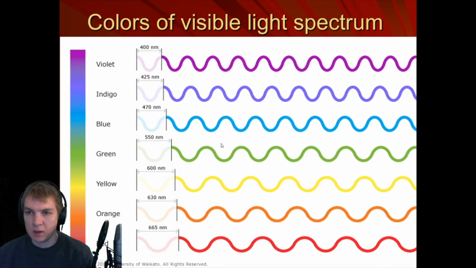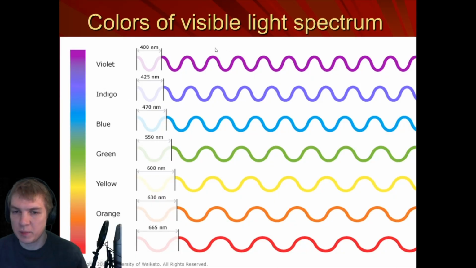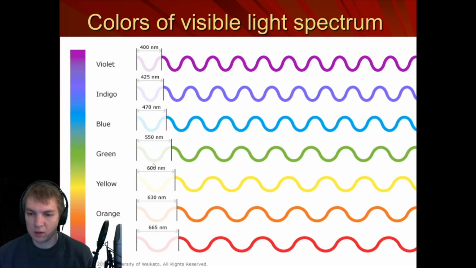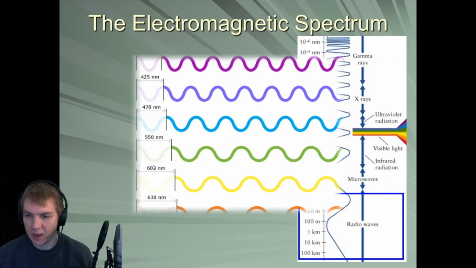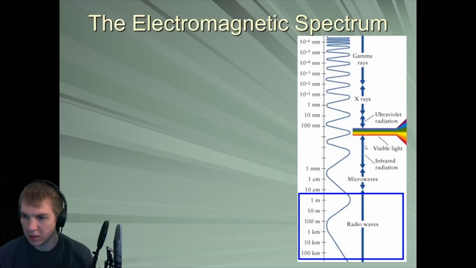All right. Continuing on here, we have the colors of the visible light spectrum. Just recall here that out of all of the rays here, this tiny little band is all that we can see. That's the visible light.